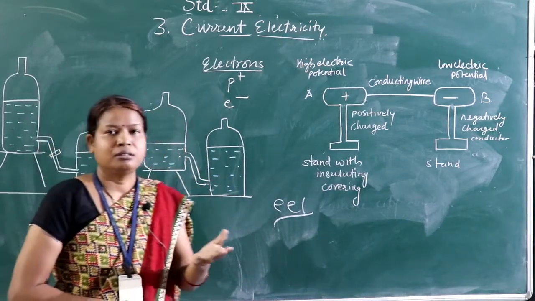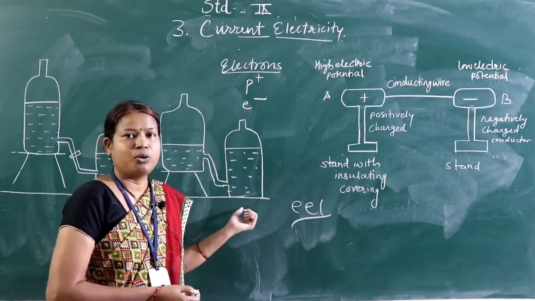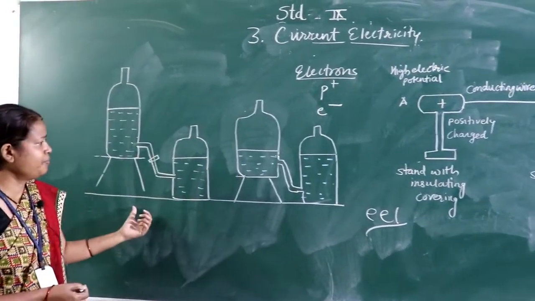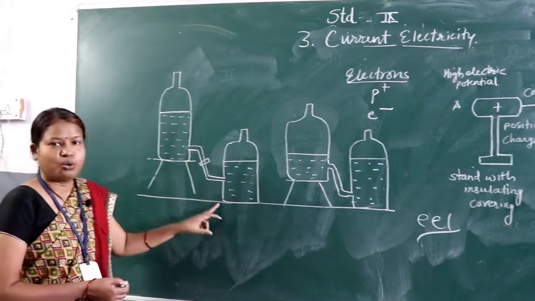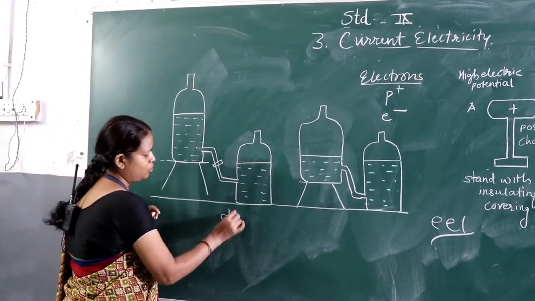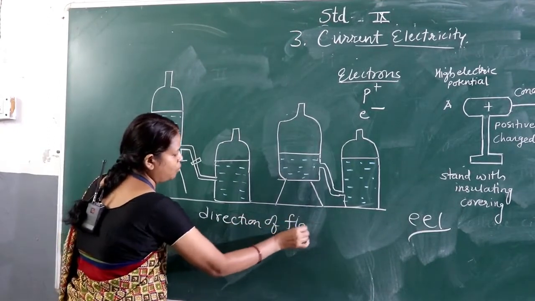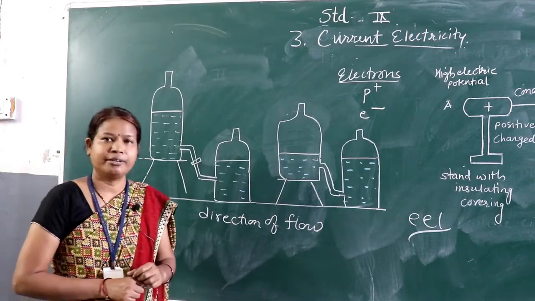Before moving further, now we will discuss potential difference. I have drawn a diagram here, which is also given in your book. This diagram shows the direction of flow, as well as what potential difference is.